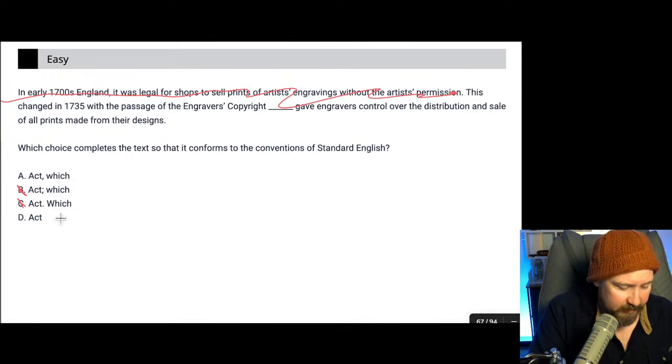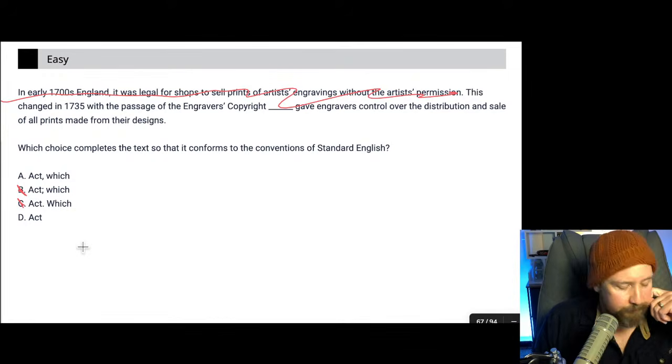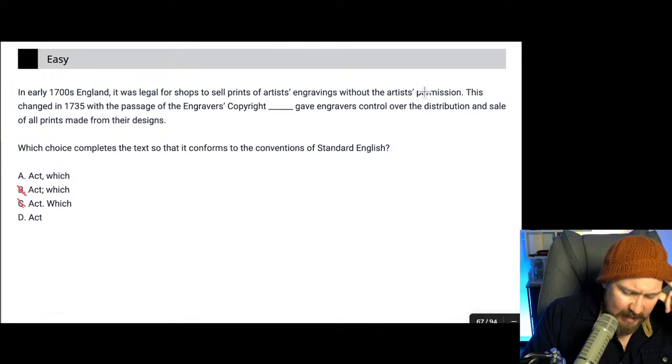That is not a full sentence. So that's why B and C would be out. And then here we would look for sandwich options. There's not any other commas, so choice A wouldn't necessarily work with a sandwich.